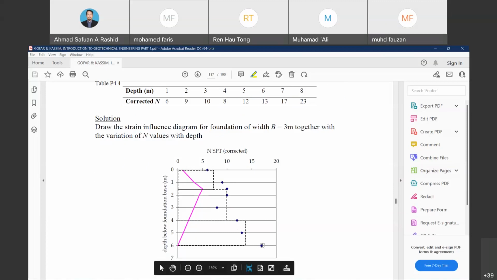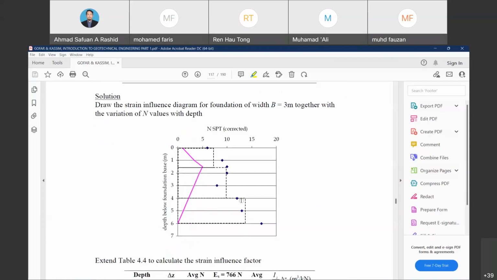Why for the Iz? Actually they should construct a 3-axis graph, and this should be Iz, using a different scale from the SPT. When the depth Z is 0, the Iz is equal to 0.1.